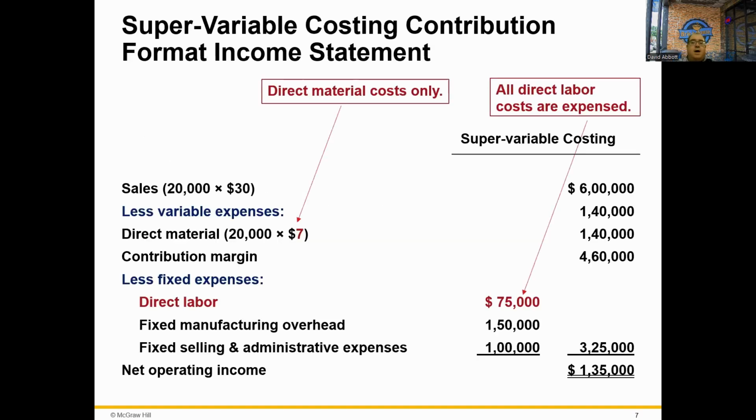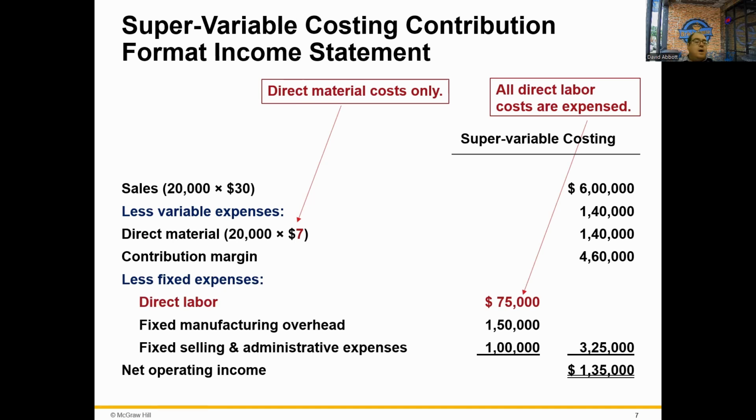For super variable costing, the unit product cost is $7, and all 75,000 of direct labor is expensed in the current period. So the net operating income should say 135,000. There are commas there that are not in the appropriate locations.